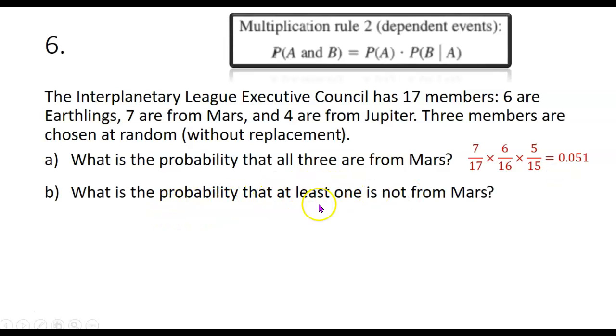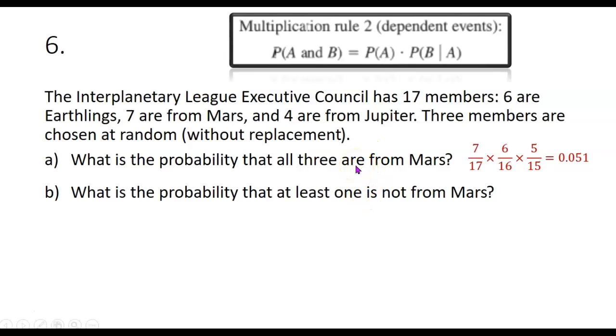What is the probability that at least one is not from Mars? Okay, big hint, we're going to be using the answer to part A to answer part B. What's the relationship here? Well, these are complementary events. It's always going to be one or the other.